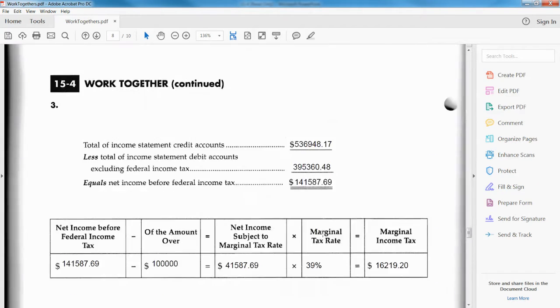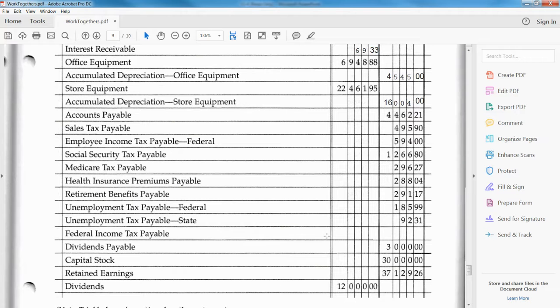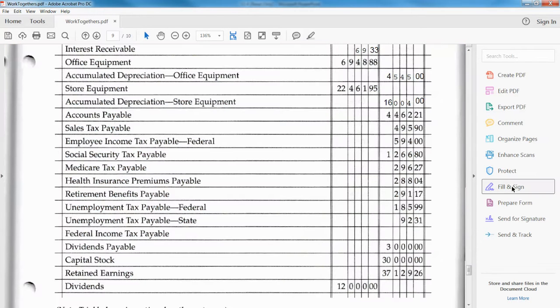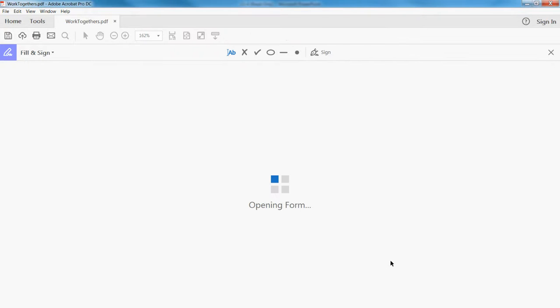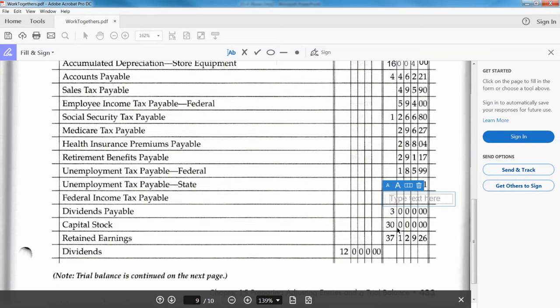So the next step is to finish my adjusted trial balance. So federal income tax payable from the general ledger is 6,469.20.